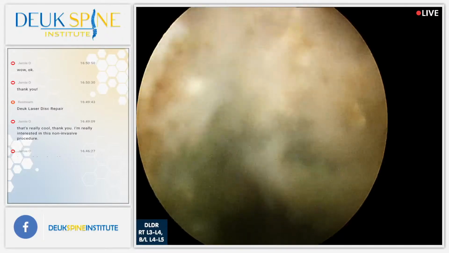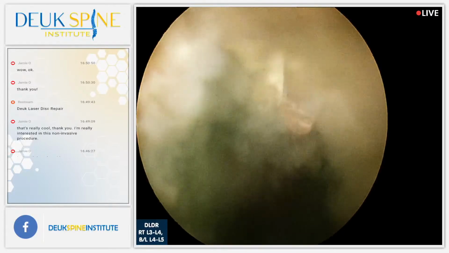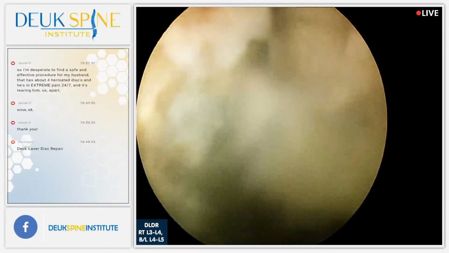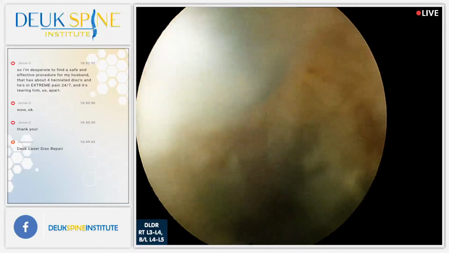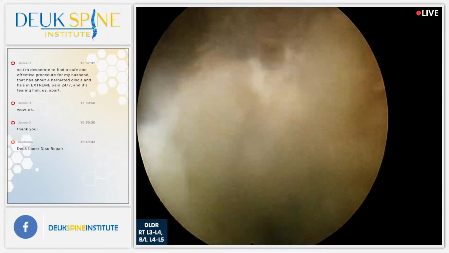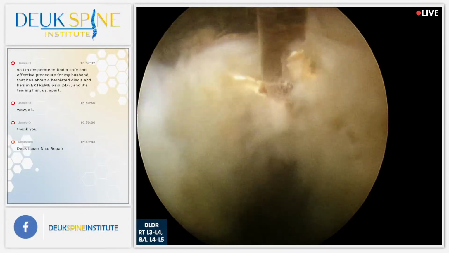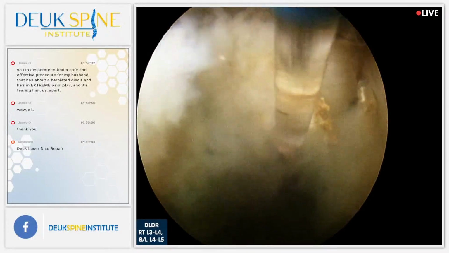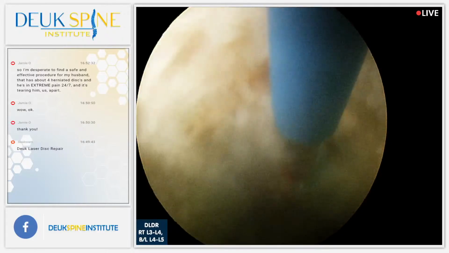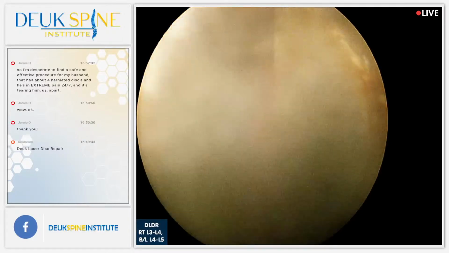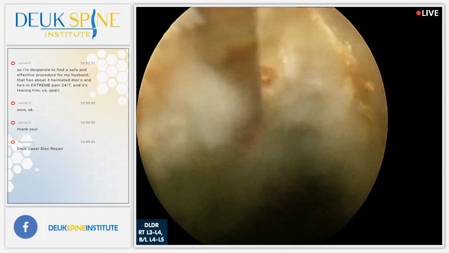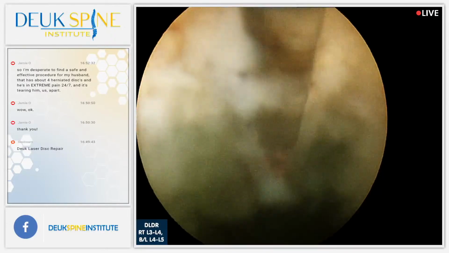We don't need to put any spacing material ever. You can lose 99% of your disc and have no symptoms whatsoever. Not having spacing material is not the problem. That's what doctors will tell you is the problem, but they're wrong. They're just trying to convince you to have fusion. So they're making that stuff up. They don't even know that this surgery can be done.